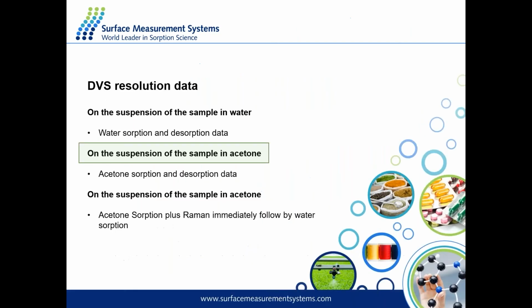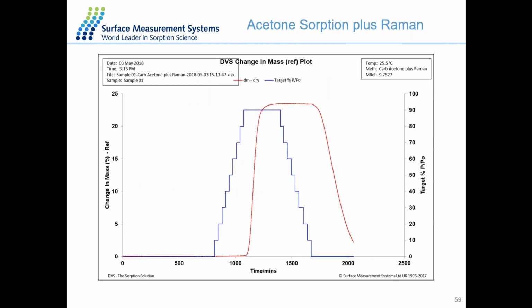That's our first experiment. The second section, we're going to look at acetone. So this is the same exact sample starting from dry. We introduce acetone, and as you can see here, the mass change is much more significant. We have a massive jump in the mass uptake, specifically when we go to higher levels of partial pressure.